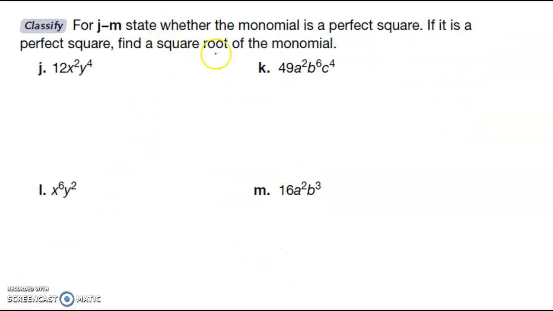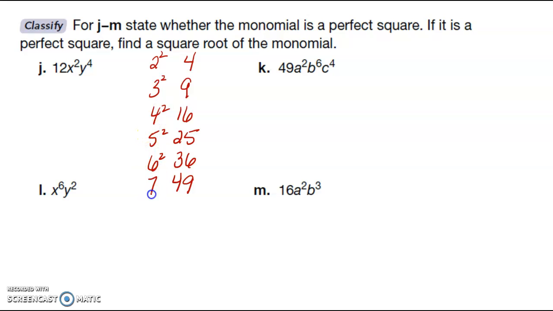All right, state whether the monomial is a perfect square. If it is a perfect square, find the square root of the monomial. So a perfect square is like 4, 9, 16, 25, 36, 49, because this is 2 squared, this is 3 squared, this is 4 squared, 5 squared, 6 squared, 7 squared. Okay.